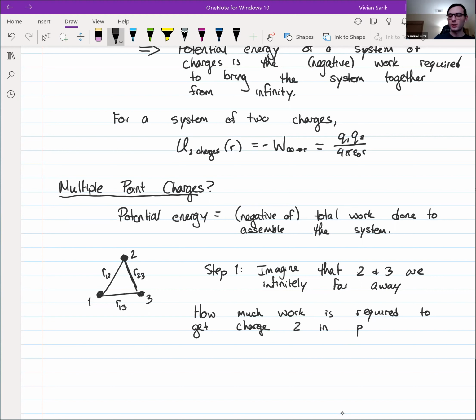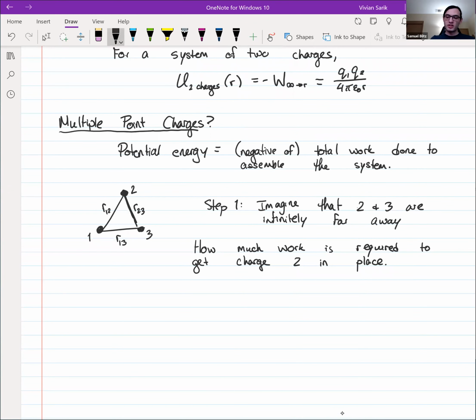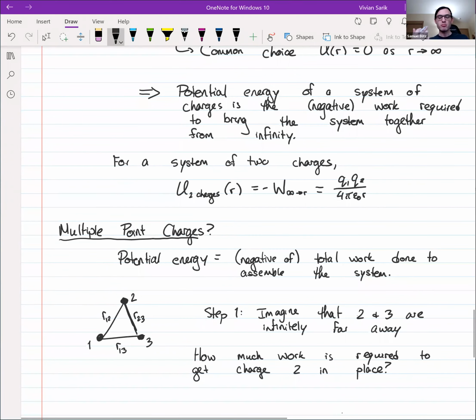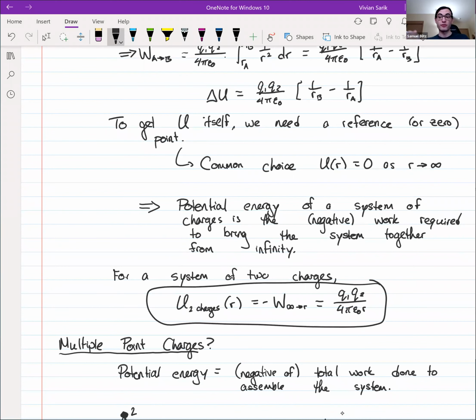Just so it's clear what we're doing, we're trying to figure out the total potential energy of the system in this configuration, and we're going to do that computation now as an example. The amount of work required to get charge 2 in place only requires the potential energy from 2 charges, because there's only charge 1 and charge 2 yet. Charge 3 is still infinitely far away.